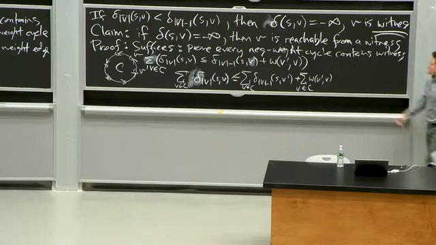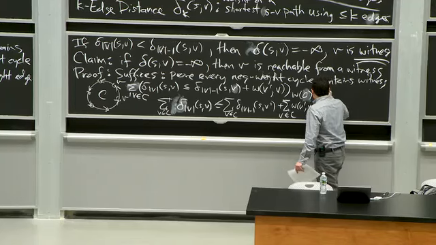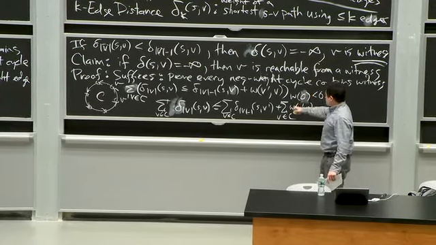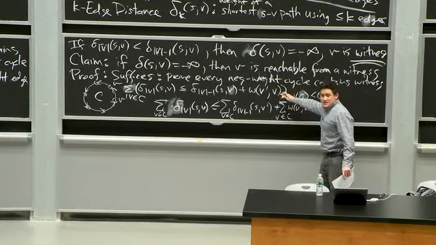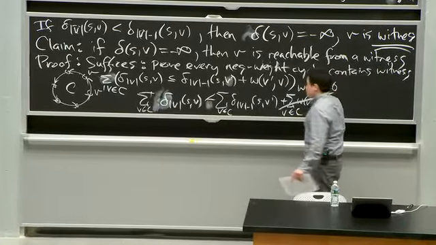Well, what do I know about this cycle? This is just the weight of C. Weight of C, that's awful handwriting. What do I know about the weight of the cycle? It is negative. So this is less than 0, which means that if I remove this, this needs to be a strict inequality.